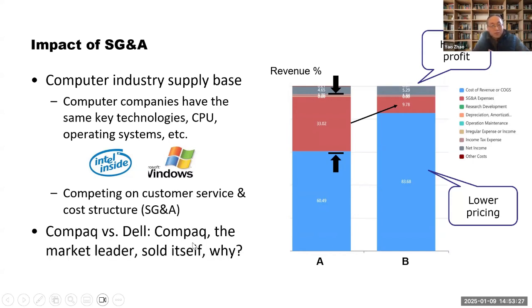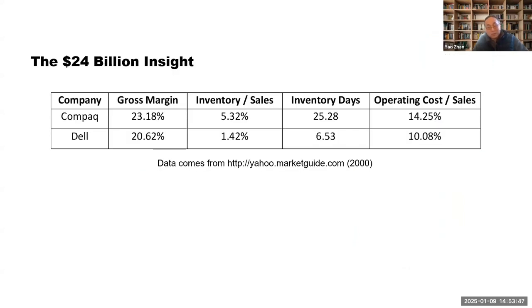All right. So let's look at our first example: Compaq versus Dell. Compaq sold itself in around the year 2000, at which time it was a market leader. And it's very hard to understand why Compaq sold itself. Let's look at the data.